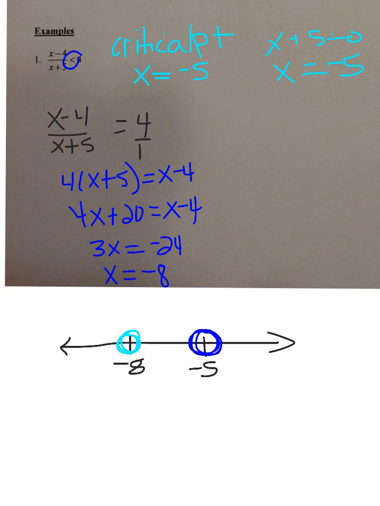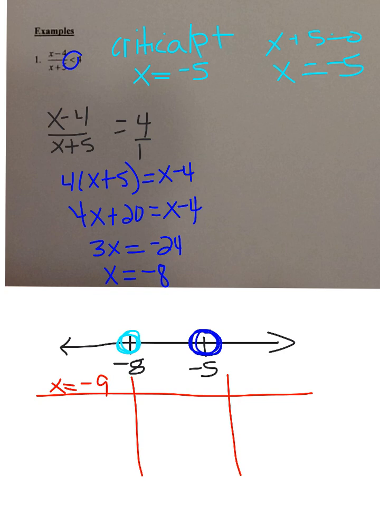Okay, so now you're going to pick test points. You're going to pick a number to the left of -8. So I'm going to try -9. You're going to pick a number in between -8 and -5. I'm going to use -6. And a number to the right of -5, I'm going to pick 0. I always like to pick 0, 1, and -1 if they're available. If they're not available, then you can't pick them.